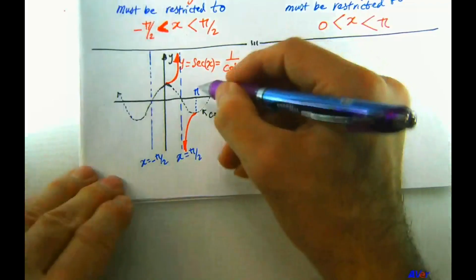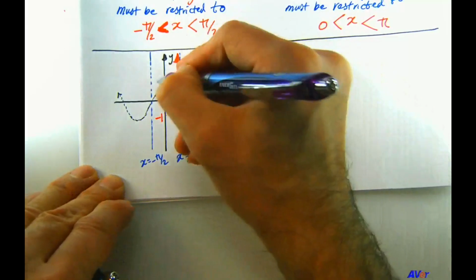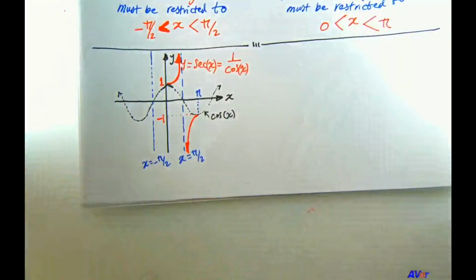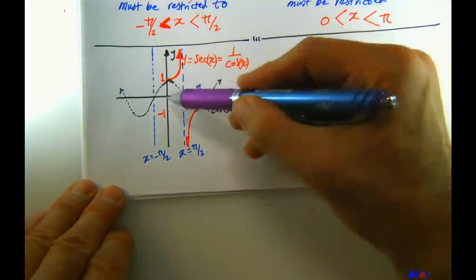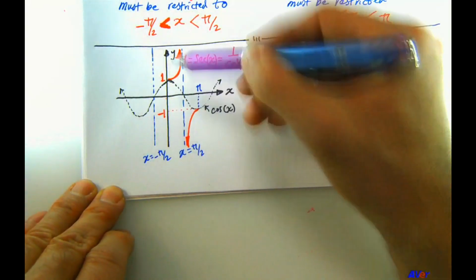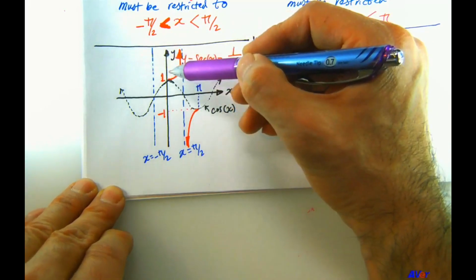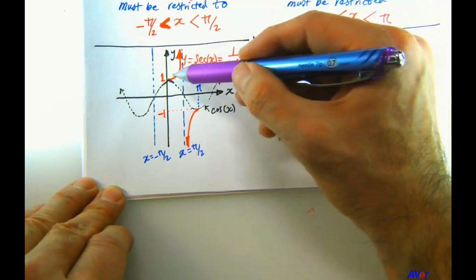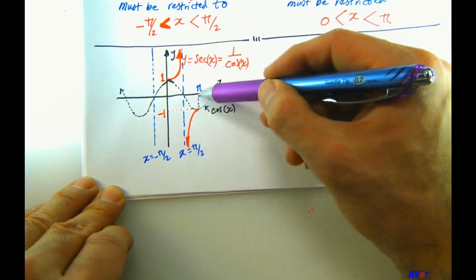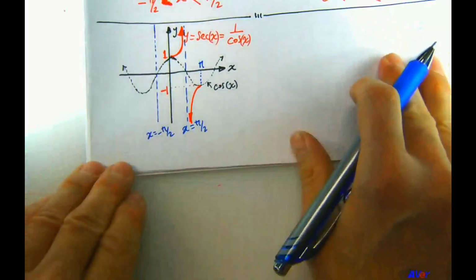At that point, it'll be negative 1. At this pi point, it'll be 1. So if we restrict the domain to 0 to pi over 2, we can't go that way, because I'm going to have to complete this, and we can't do that. So we have to stay this way. From 0 to pi over 2, it's going to be one interval, and then from pi over 2 to pi, it's going to be the other piece. So let me write that down.